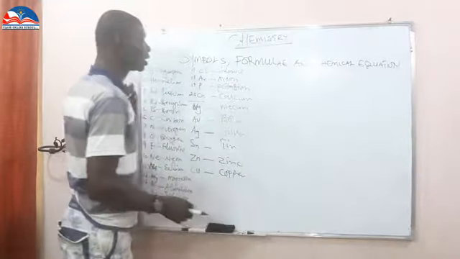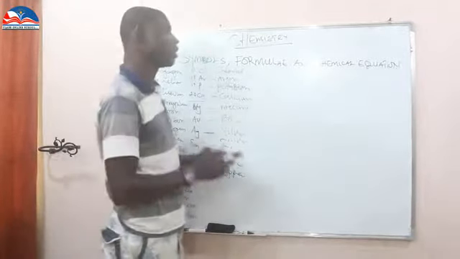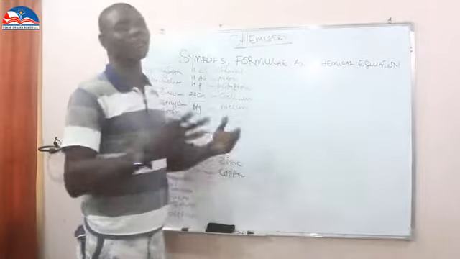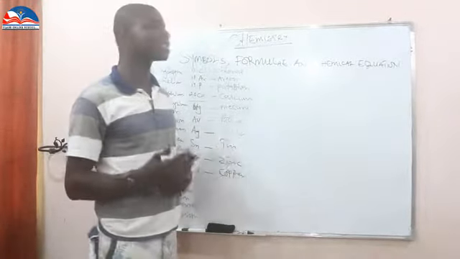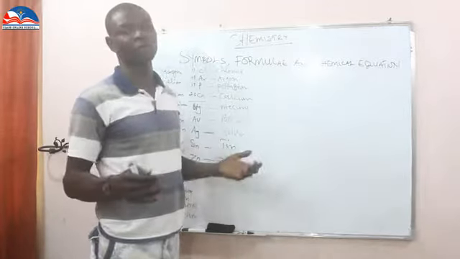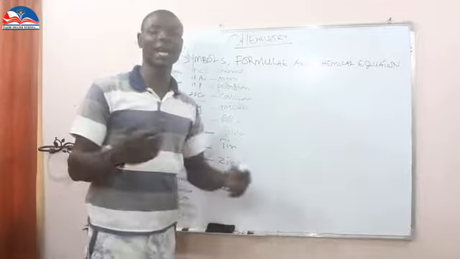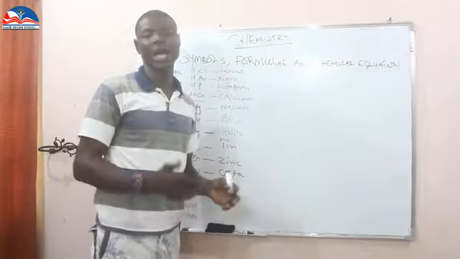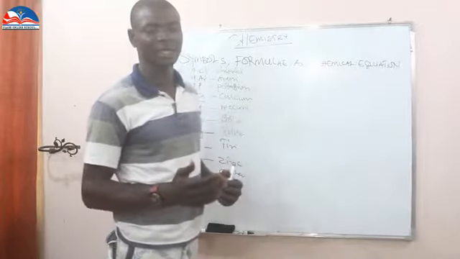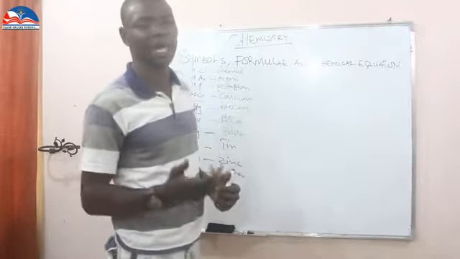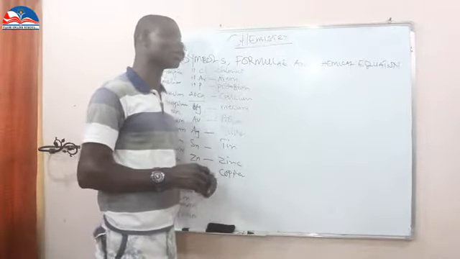Now let's quickly look into what we call formulae. Formulae is just like the formula that occurs in an element. When you want to write chemical equations, there are formulas that you are going to use. So you cannot just stand up and begin to write formula. It has a pattern or method or format or steps through which you can write the formula of any element that you want to write.